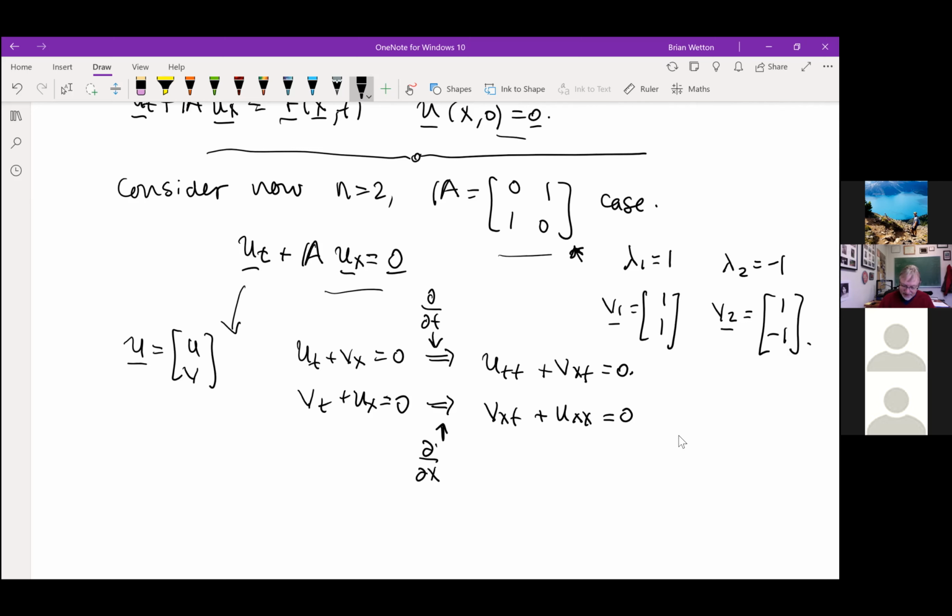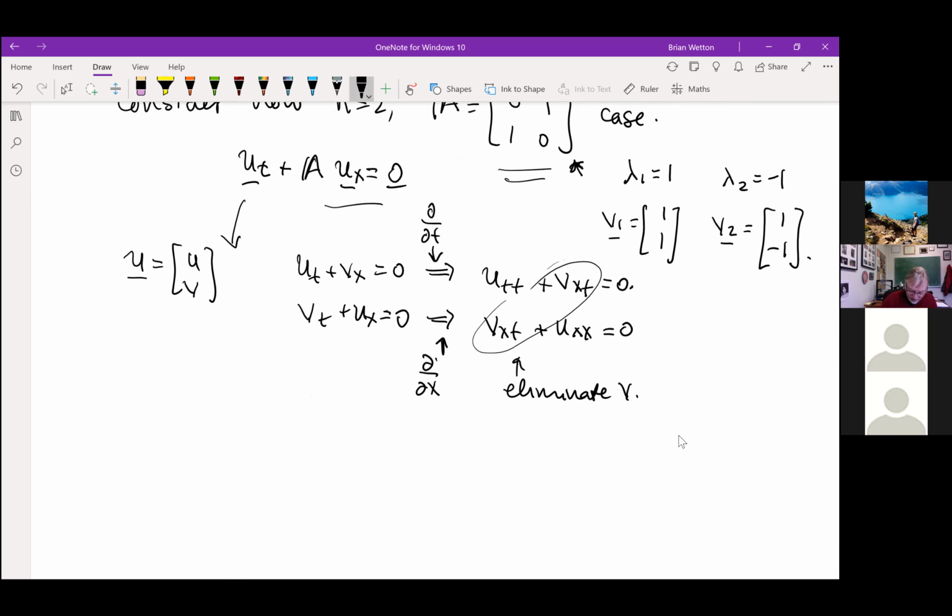I mean, this A is pretty simple with the zeros. You can see that something could happen, right? And so what I'm going to do is I'm going to eliminate v, because I see the same term showing up in both equations. And I'm going to get u_tt is u_xx. So this is the standard wave equation.